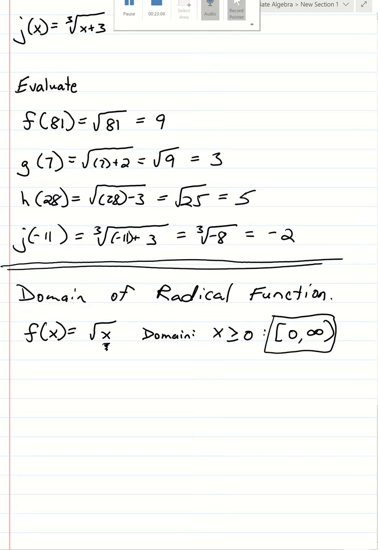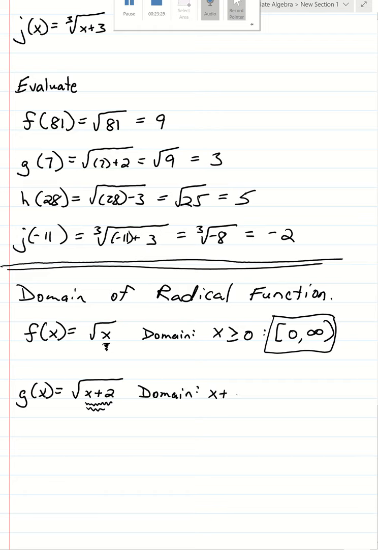Let's say g of x. Let's take a look at that function. Recall that was the square root of x plus 2. And once again, we want to know the domain of this function. Well, what concerns us, once again, is the radicand, which in this particular case is the x plus 2.